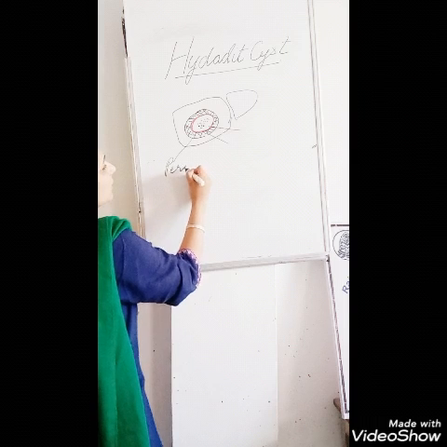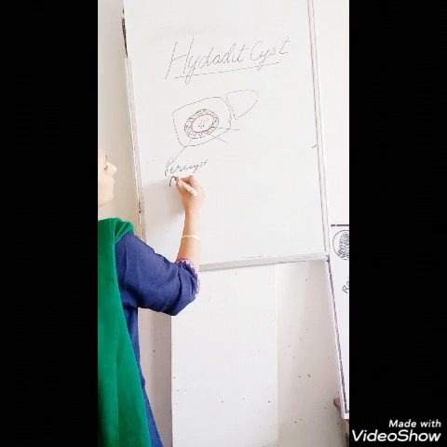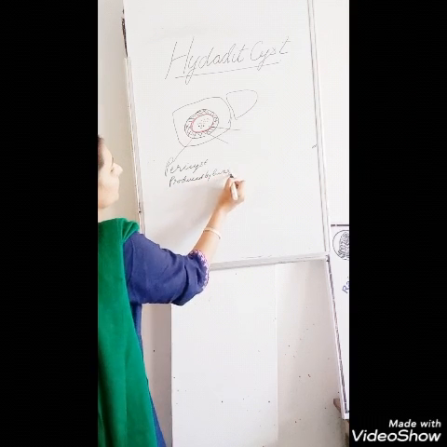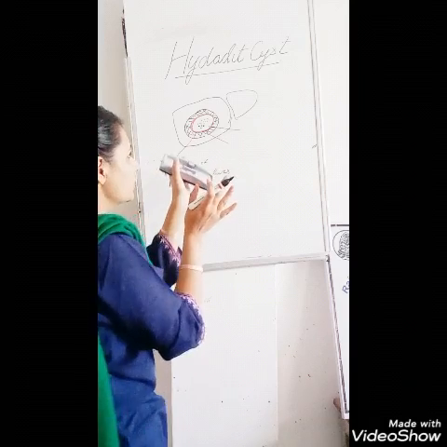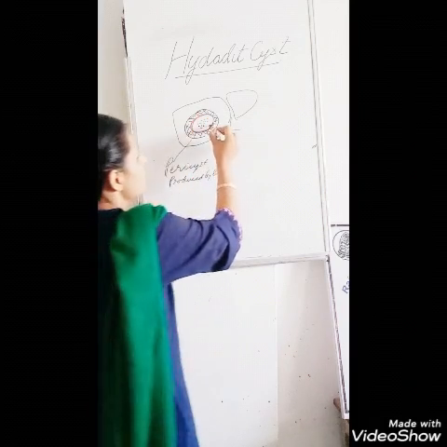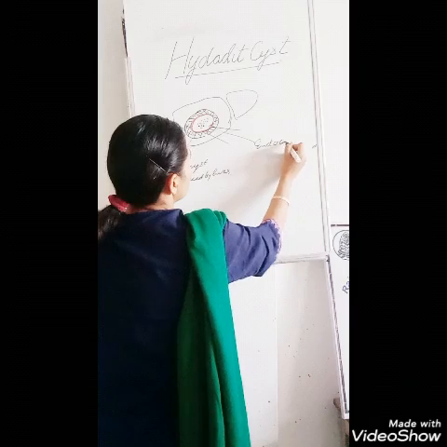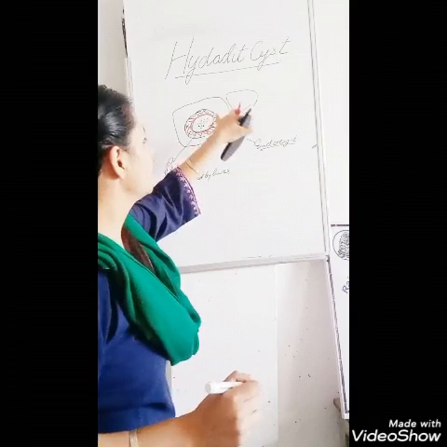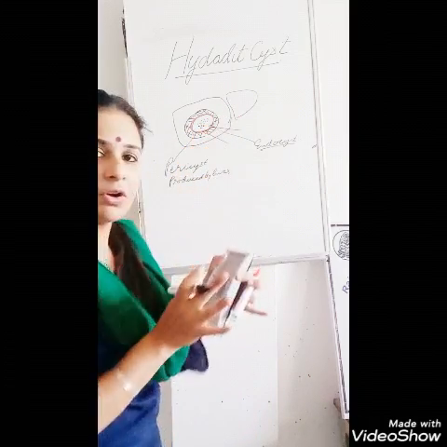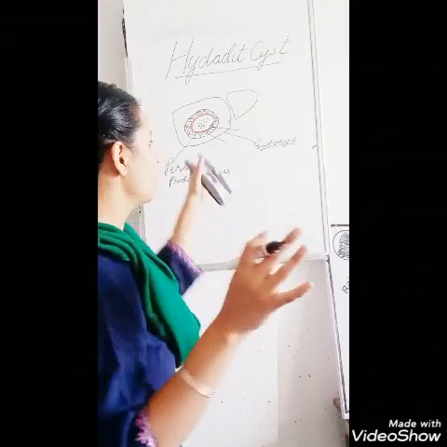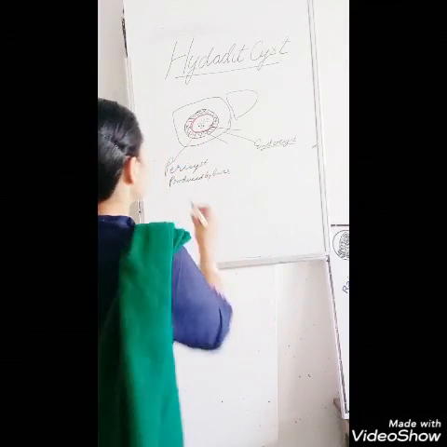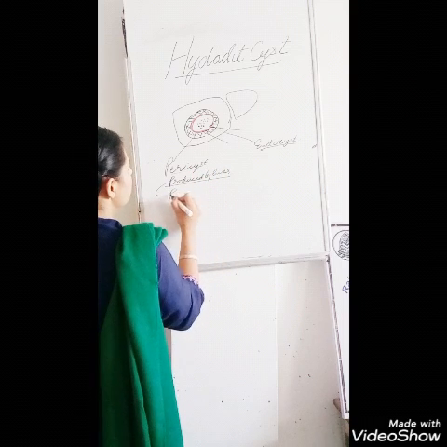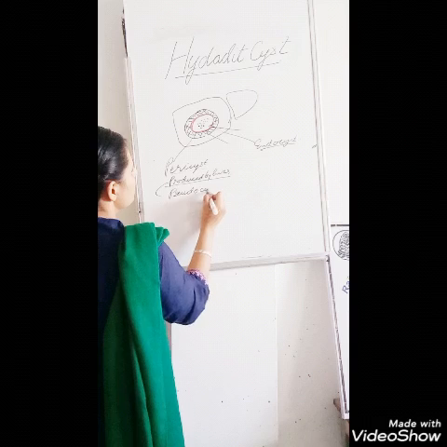Now this endocyst is the actual layer of the hydatid cyst. It cannot grow bigger because of the compression pressure of this pericyst, the layer produced by the liver, also known as pseudocyst.